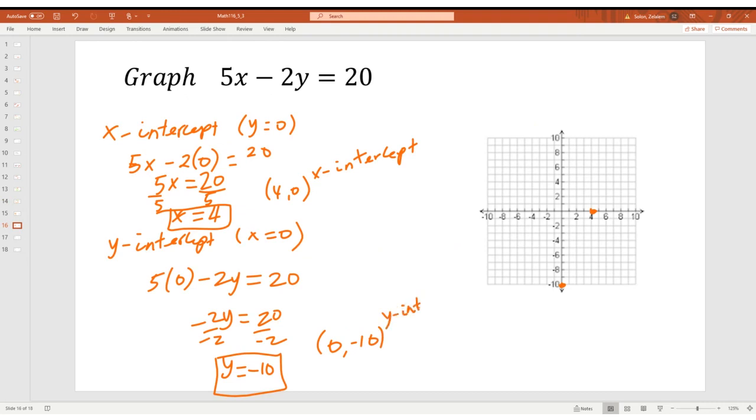So we have now 2 points. All you have to do is connect those 2 points and you are done with your graph. That's how simple graphing is, if you know the x-intercept and y-intercept. Any questions so far?